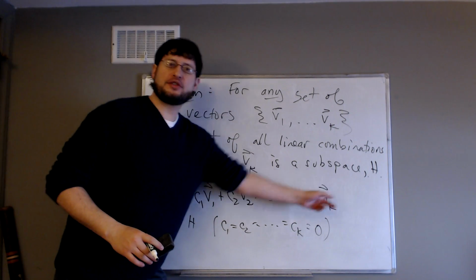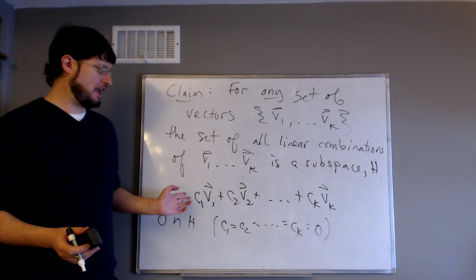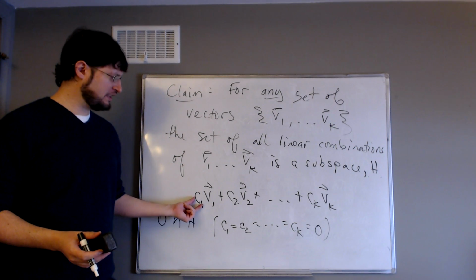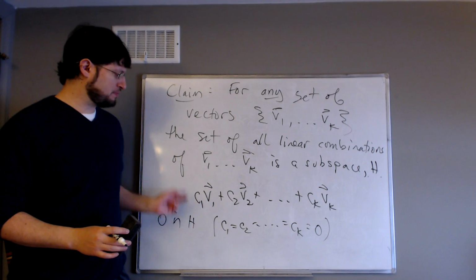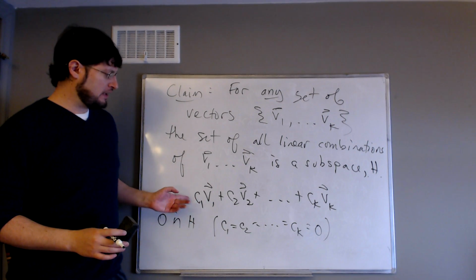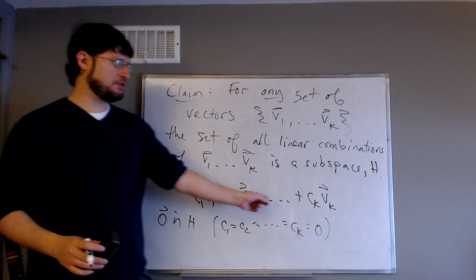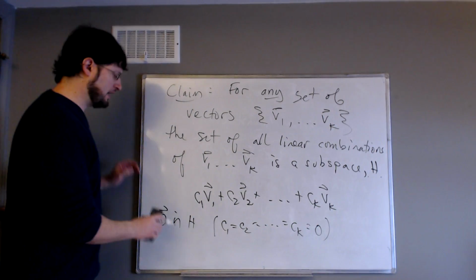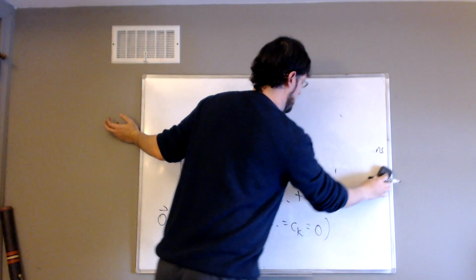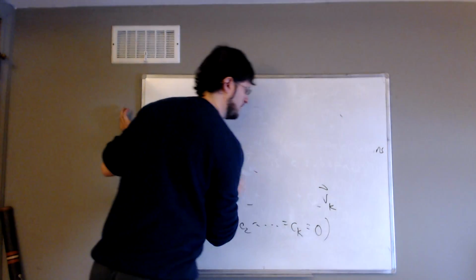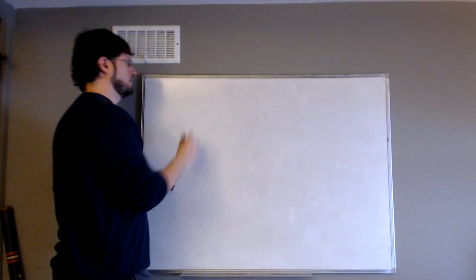If I took a vector that looked like this and I scaled it by anything, by 10, well, then I'd simply scale each of those coefficients, scale each of those component pieces, and I'd still get a combination where I have a constant times v1, constant times v2, and so on, all added up. I'd get a linear combination of the vectors v1 through vk. So it's also clearly closed under scaling.